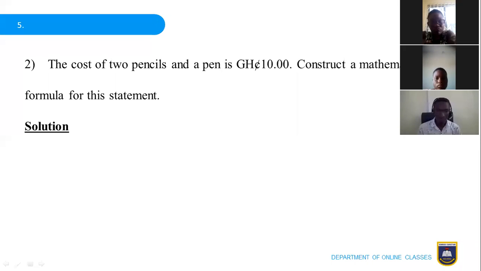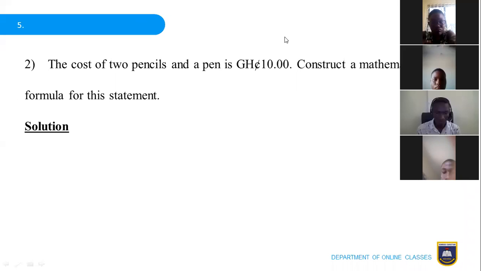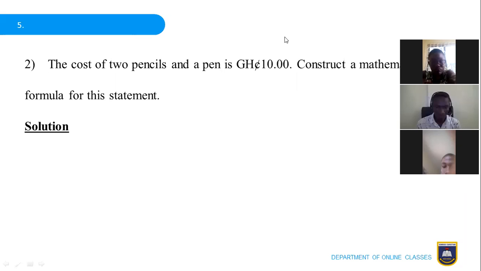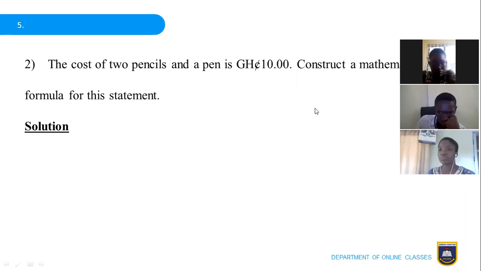All right, Precious, give us your answer to this question. I represented the pen with P. Please, can you raise your voice a little bit? So I represented the pen with P and the pencil with Q, and I summed up and I got 10.